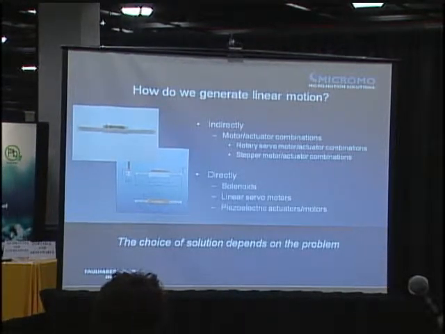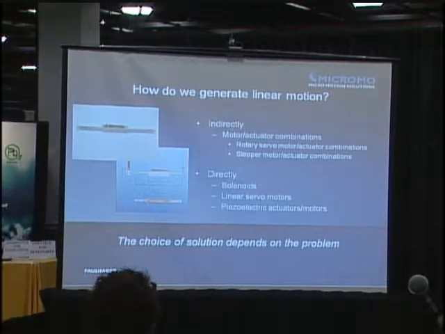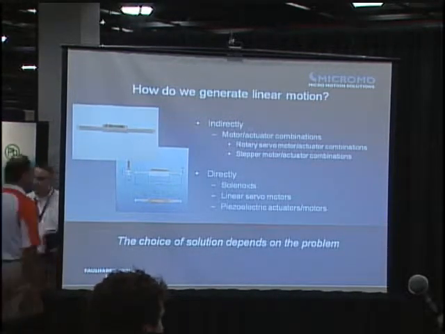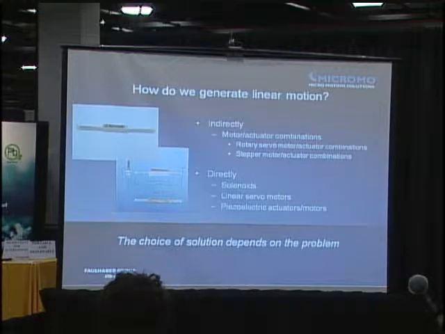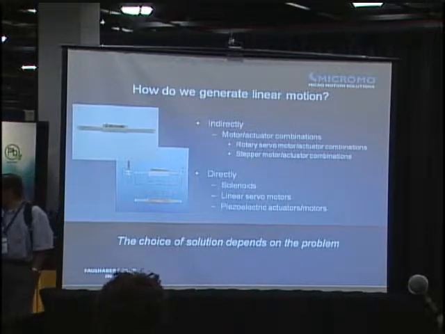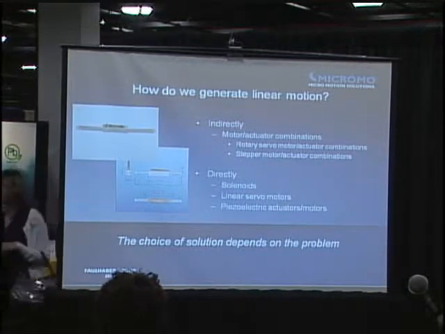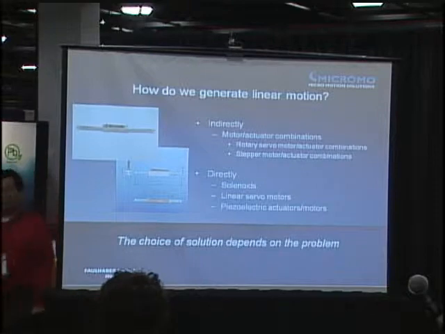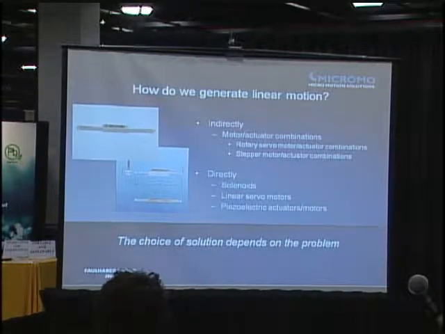We also use solenoids, and linear servos are getting more popular now. Piezoelectric actuators are becoming more pronounced in the markets. They are very good for high precision actuation. You're looking at nanometer resolution when you're trying to do cell analysis. It becomes very critical for that positioning.